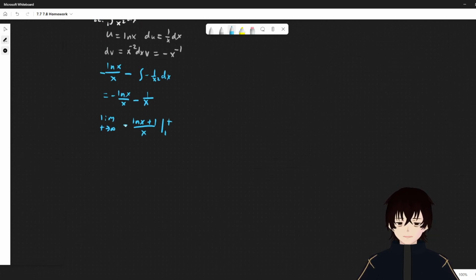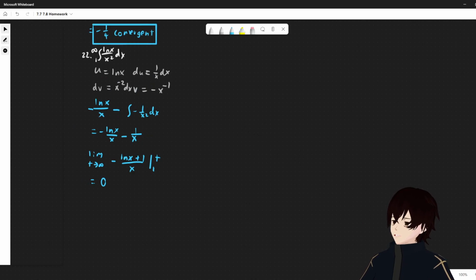Okay, natural log of infinity is infinity. So this is negative, wait. Natural log scales slower than linear. Therefore, this is 0, right? Natural log should scale a lot slower than linear.